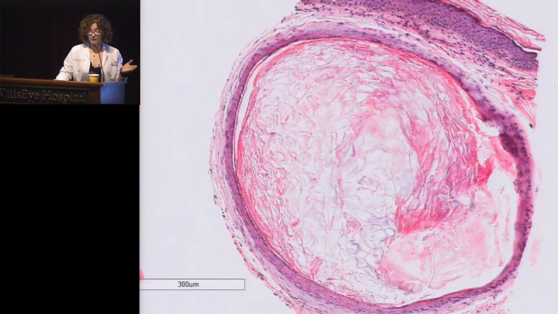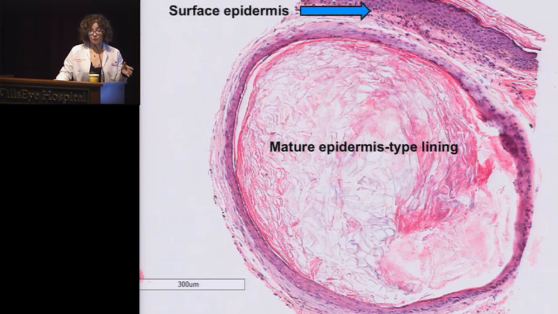And on higher magnification, can you see how the lining is identical to the surface epidermis, with mature keratin, with granular cell layer, and with lamellated luminal keratin that looks just like surface keratin? If we see many dermal appendages within the lining, we may potentially consider dermoid cyst.